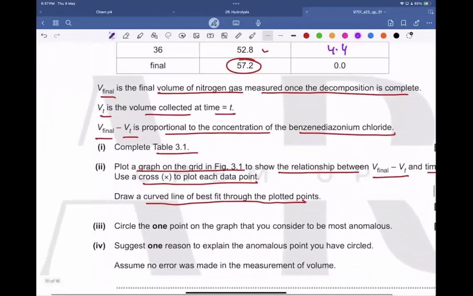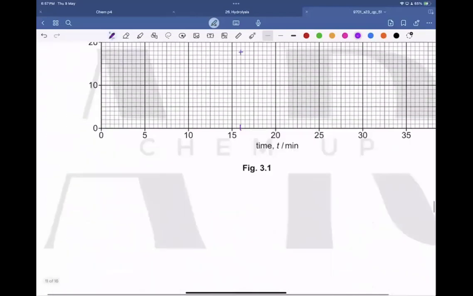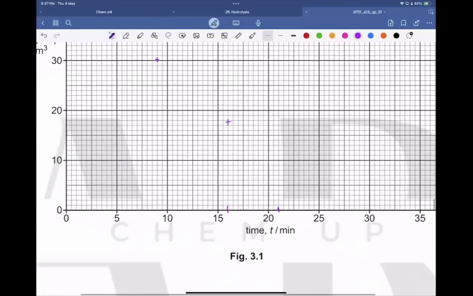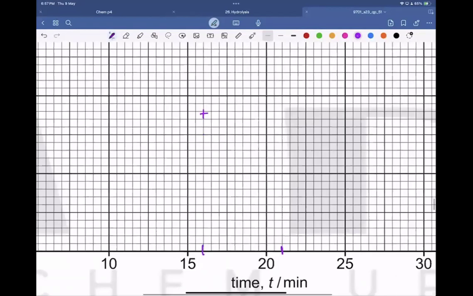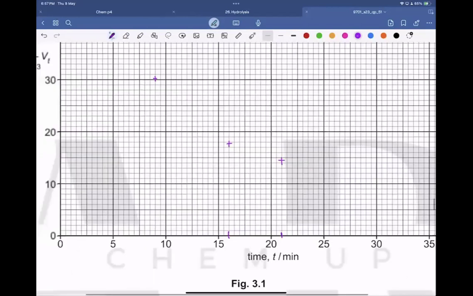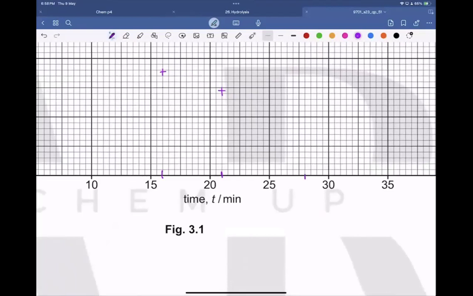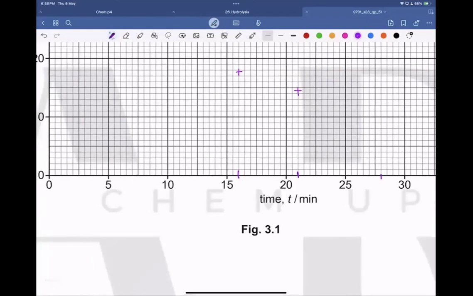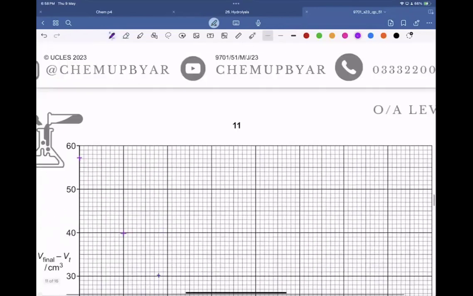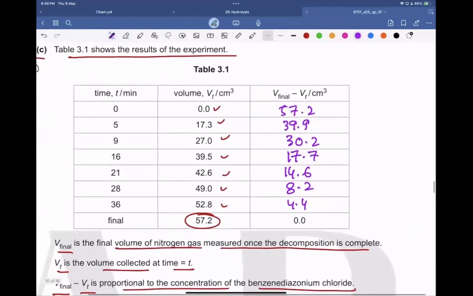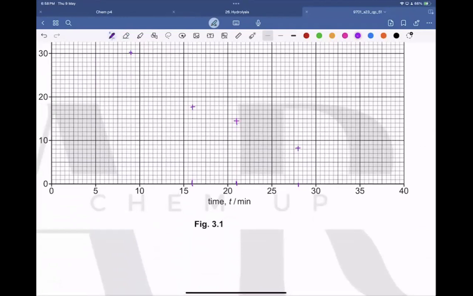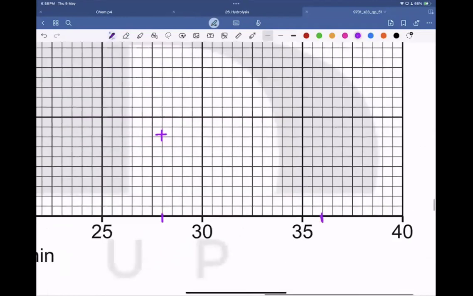And then after 16, we have 21 and 14.6. Then 28, 8.2. Then 36, 4.4.